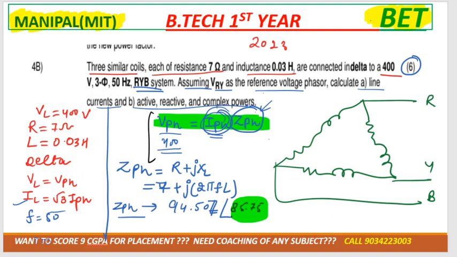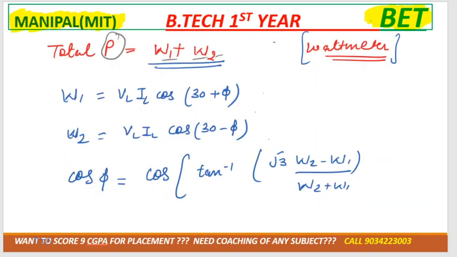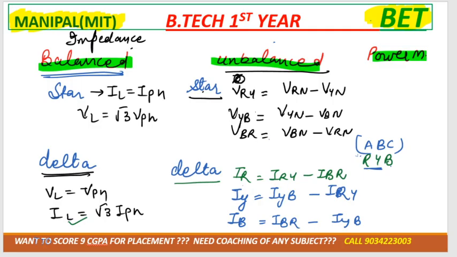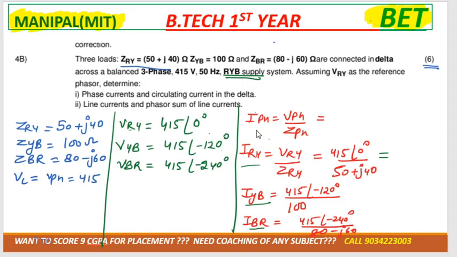So remember the formula which I told you? Yeah, basically these are the line currents and these are the phase currents. Correct? So from these you can get the phase current and you can get the line current.